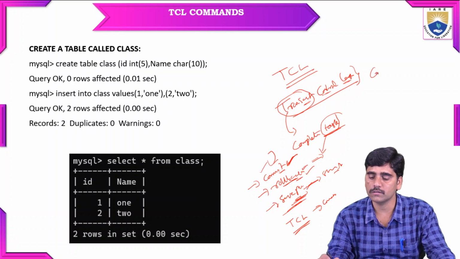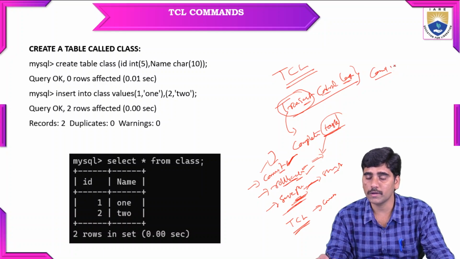The commit command is used to save your data permanently, which cannot be rolled back. And the rollback command is used to roll back your data. Rolling back your data means you are going to take a backup or go back to a certain stage of data.